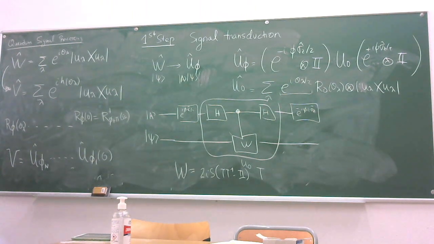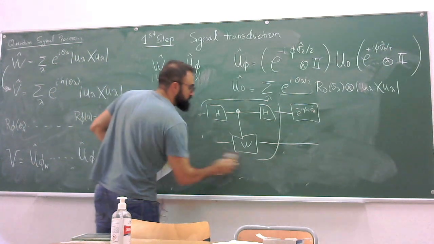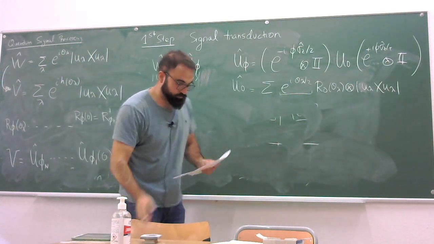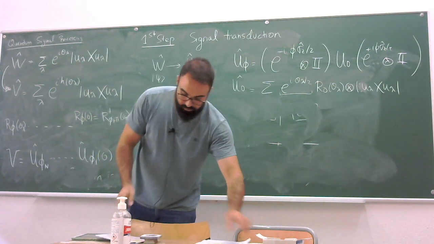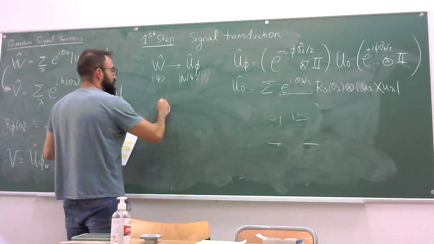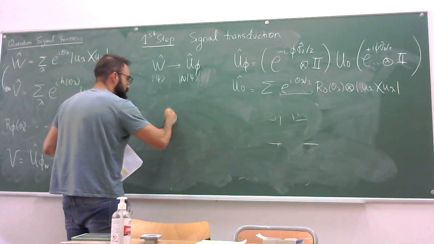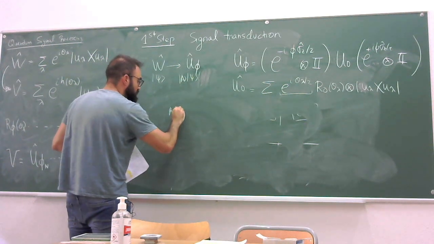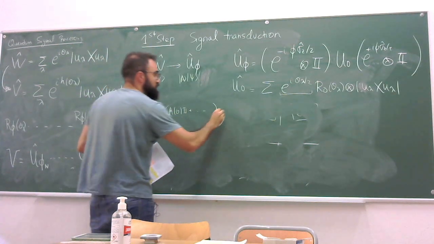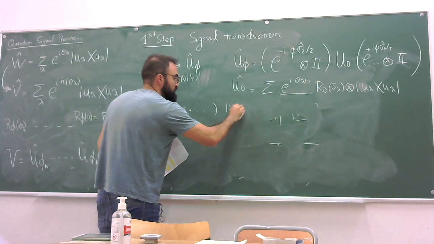After this sequence of unitaries, what we have here is that we have applied the theta identity on the ancilla.